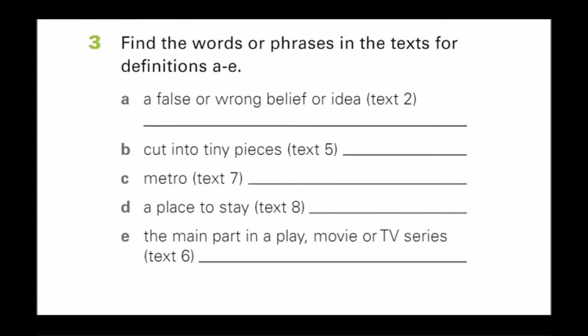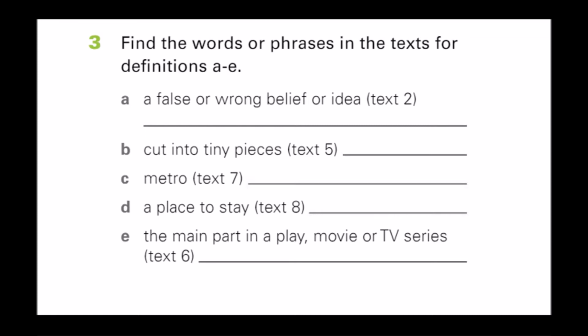Exercise number 3. Find the words or phrases in the text for definitions from A to E. A false or wrong belief or idea, text number 2: an illusion. Option B. Cut into tiny pieces, text number 5: chopped.